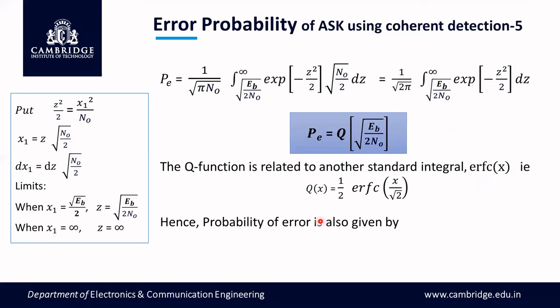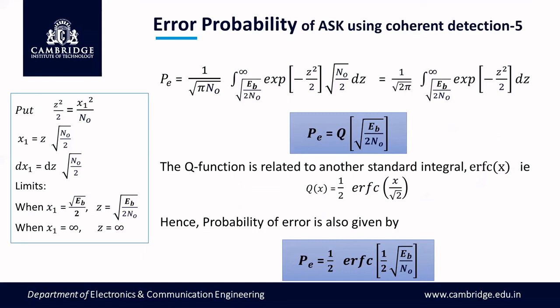The relation between the Q function and the complementary error function is given here. So if you use this relation in this equation, we'll end up with this equation. So finally, the average probability of error is also expressed in terms of complementary error functions.